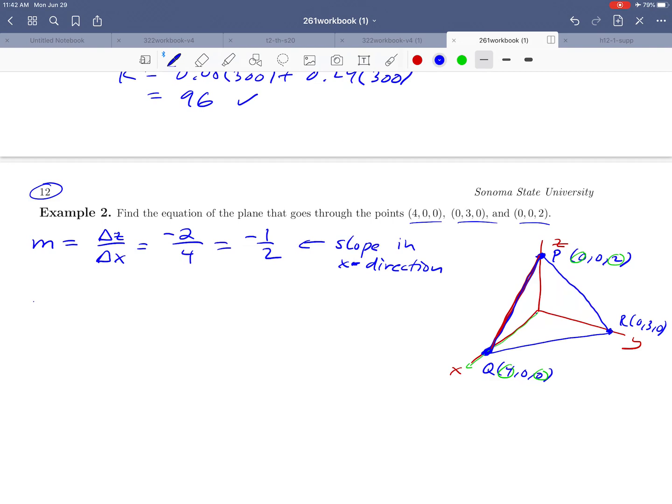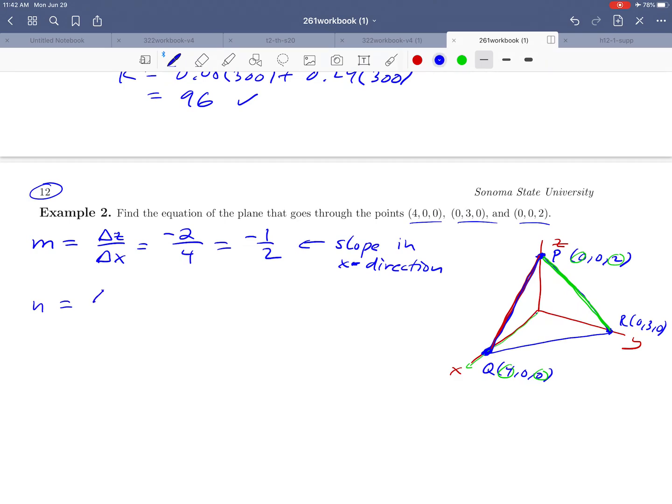Can we find the slope in the y direction? Well, that slope we can also calculate, but this time we need to focus on the part of our plane that goes parallel to the y-axis. That would be from P to R. Along that particular segment, x stays constant, and so we're moving in the y direction.